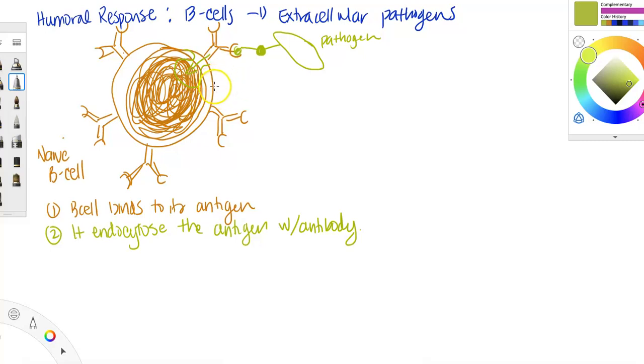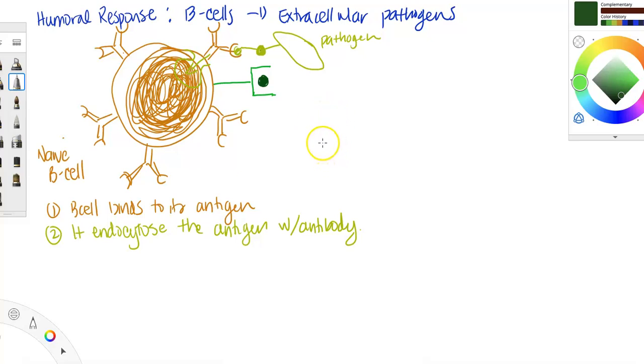So it will put its little MHC2 platform out there, and inside it is the pathogen. It's basically presenting that pathogen or antigen on its membrane.